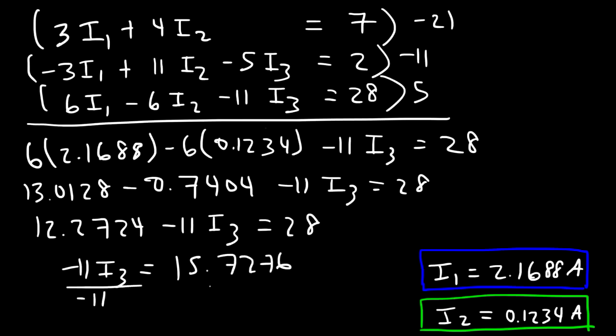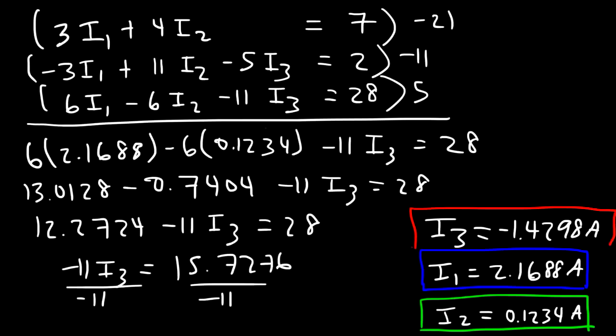And now let's divide both sides by negative 11, and this will give us I3. So I3 is negative 1.4298 amps. Because it's negative, we need to reverse the direction of I3.